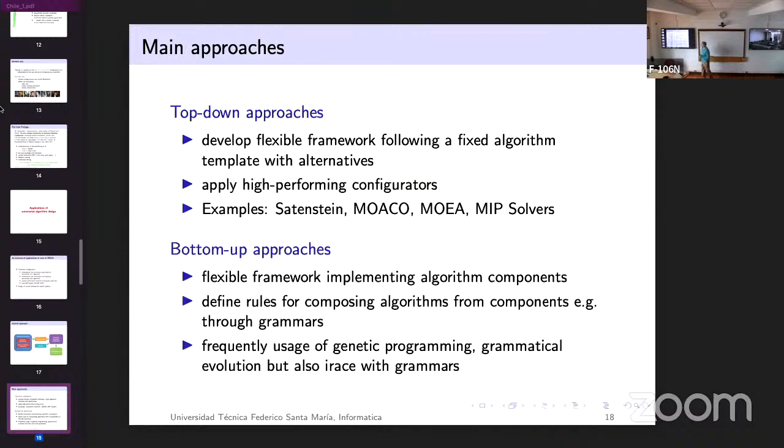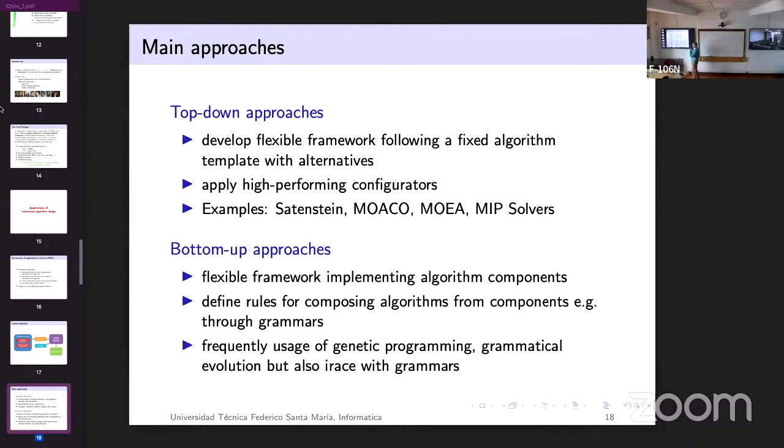The main approaches that we have are top-down approaches and bottom-up approaches. Top-down approaches are limited to something like 30, 40, 50 parameters. If you have many more parameters, it's getting difficult.